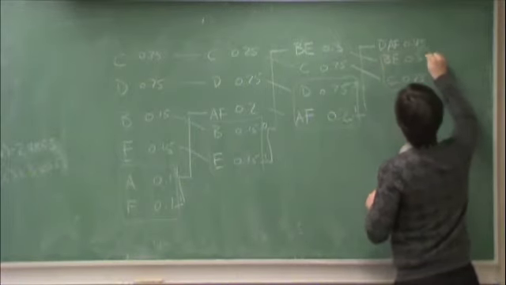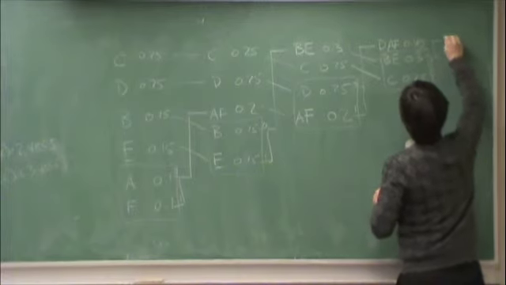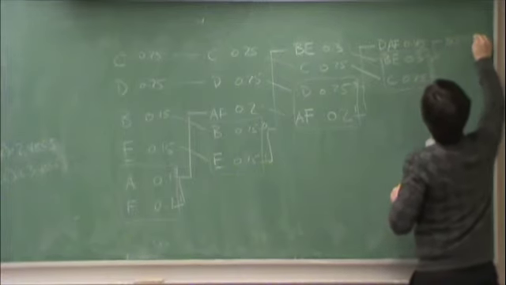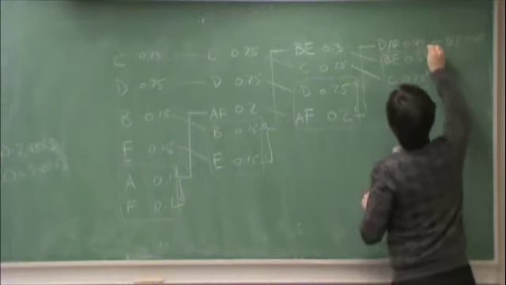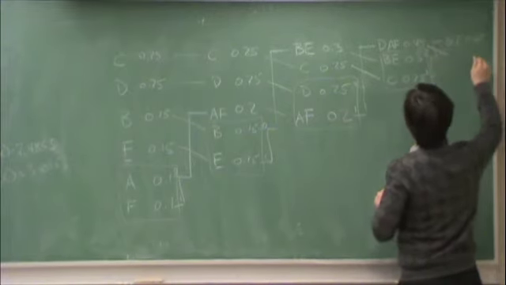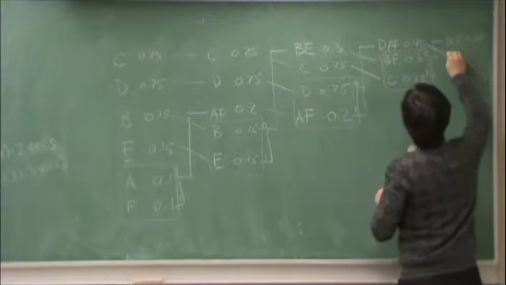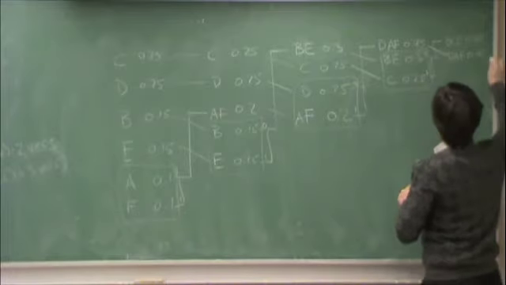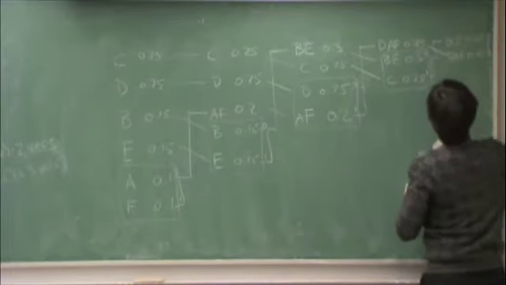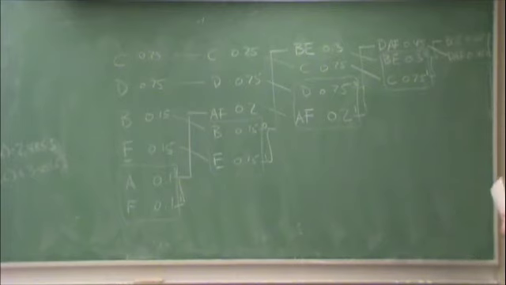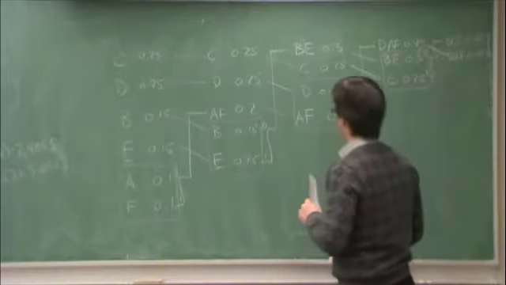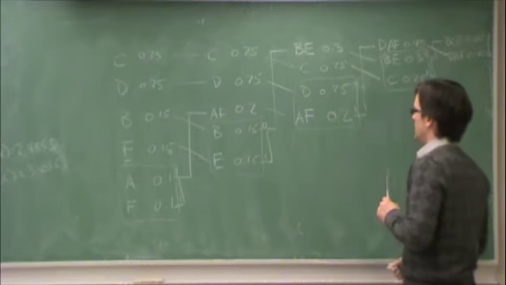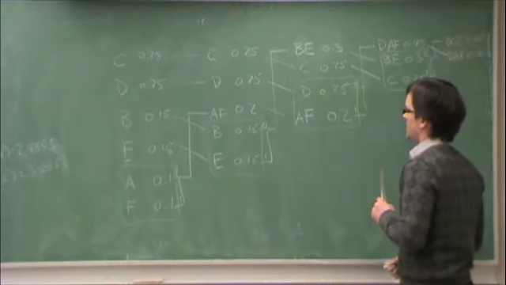That'll go on top: BCE, 0.55, and DAF, 0.45. And finally, we combine those two. And that's the end. Okay, so in this case, we actually had to do some resorting. We had to think about where the combined source letters went after we combined them.